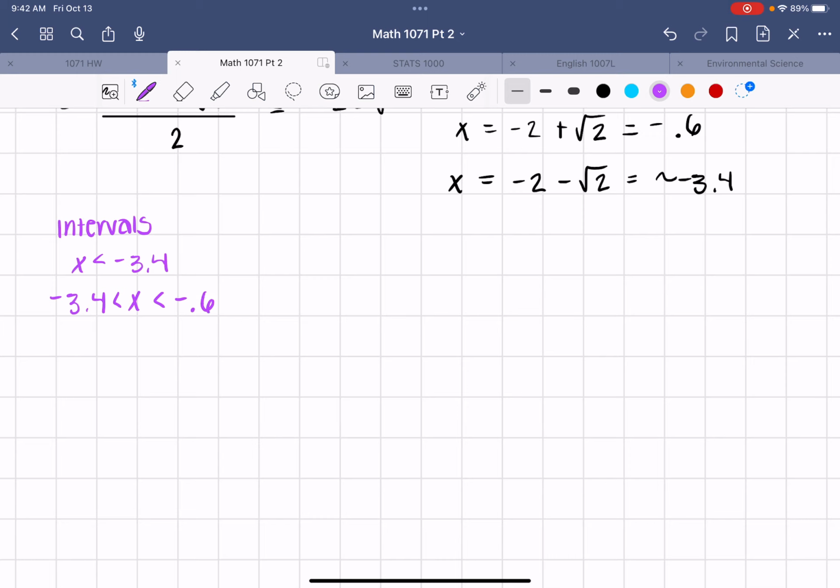All right, so we put all this together into our picture. Increasing concave up. Increasing concave up. Increasing concave down.